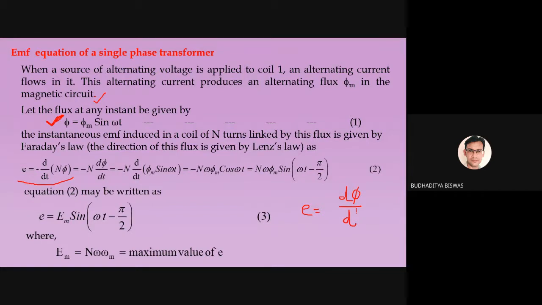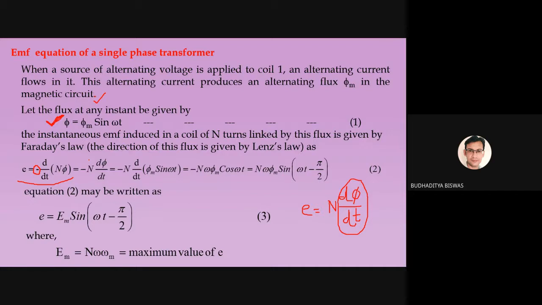Okay. Now why do we put N here? Because here N number of turns are there. This one is actually the voltage induced per turn, and if there are N number of turns, the total voltage induced is N times this one. Why do we put a minus sign here?